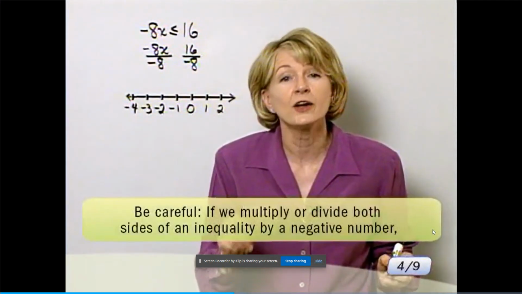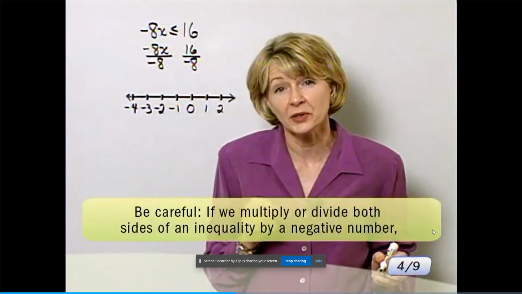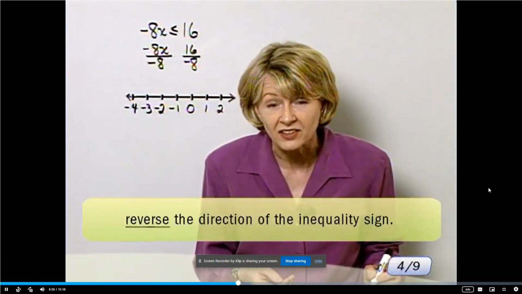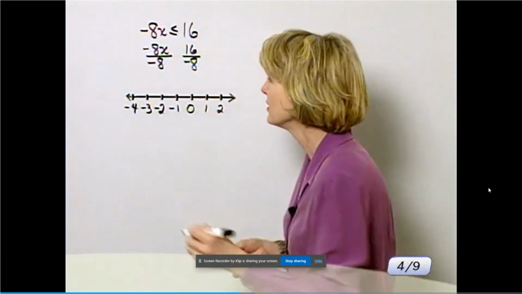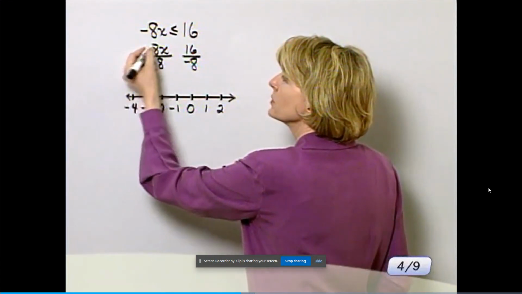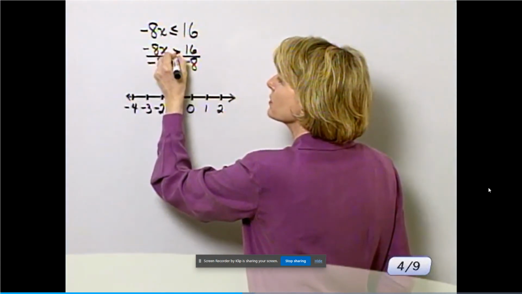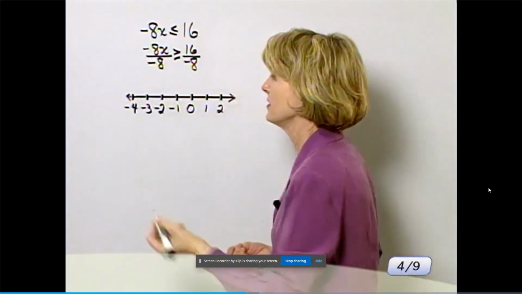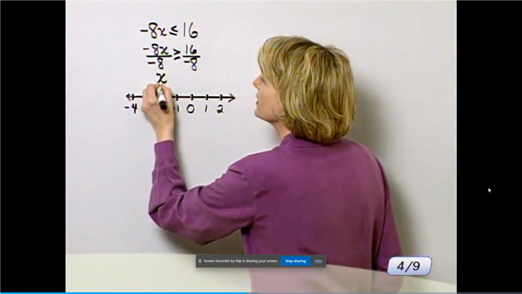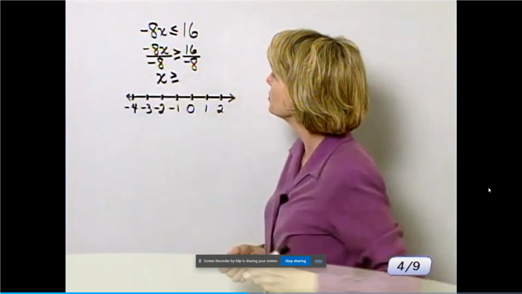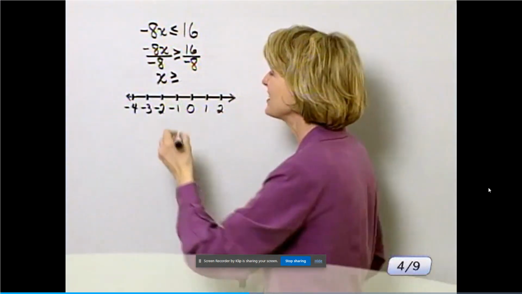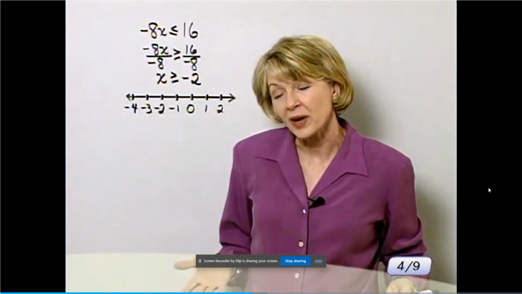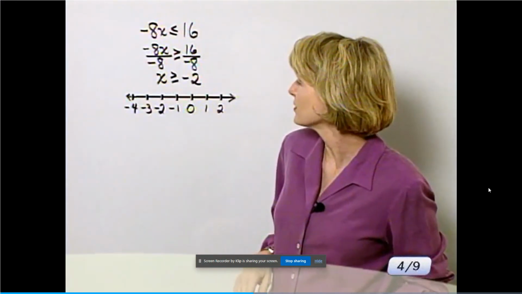When you multiply or divide both sides of your inequality by a negative number, you must reverse the direction of your inequality symbol. Since I'm dividing by a negative number, this is reversed. And now let's simplify. The left side is simply x, just like I want, greater than or equal to 16 divided by -8 is -2. So all numbers greater than or equal to -2 are solutions.